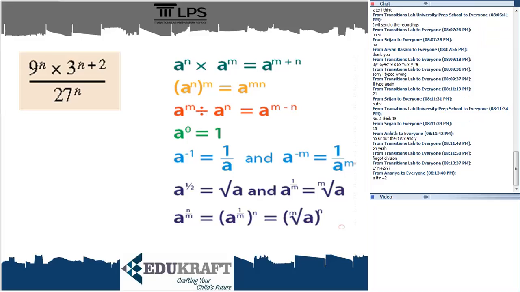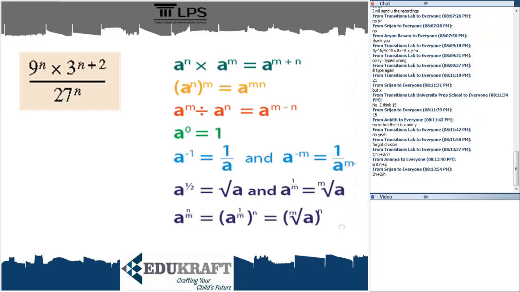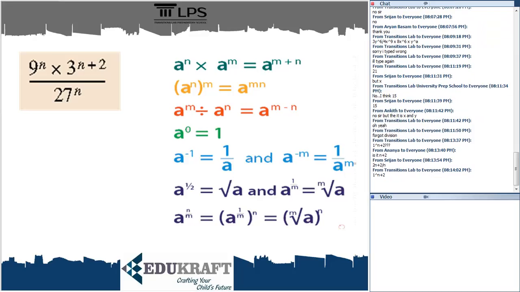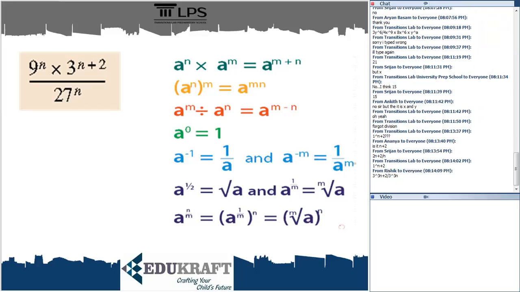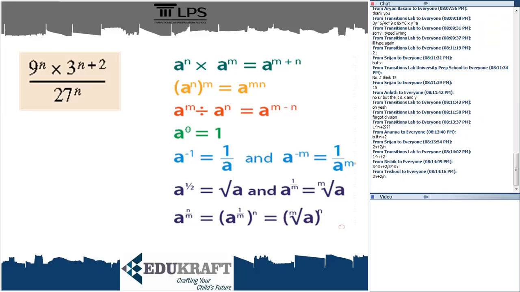Ananya has the answer there, but are you sure that is the answer, Ananya? Srijan also has an answer there. Anyone else who has the answer? I have Rishik also answering this question. Trishul has also answered. Let us check.